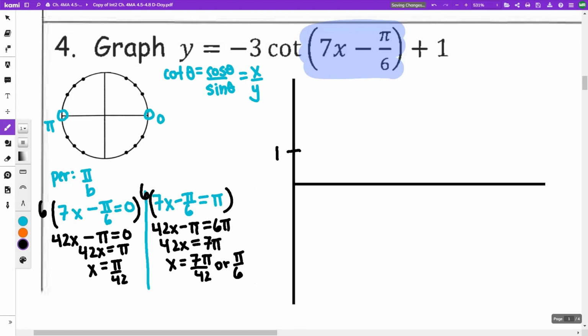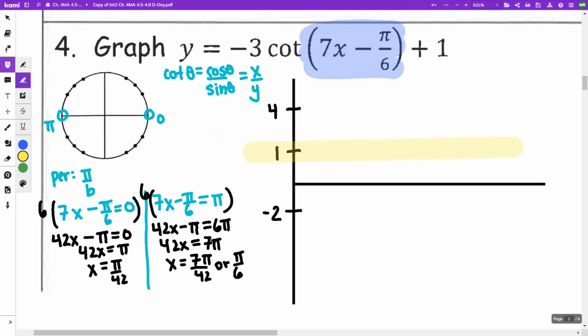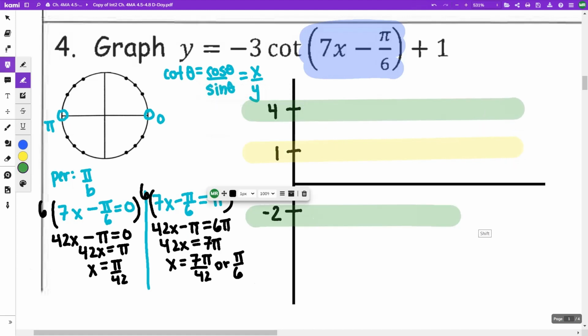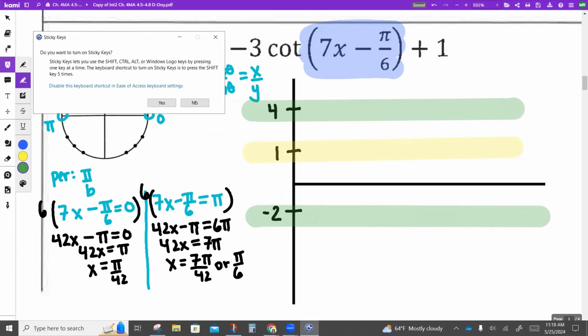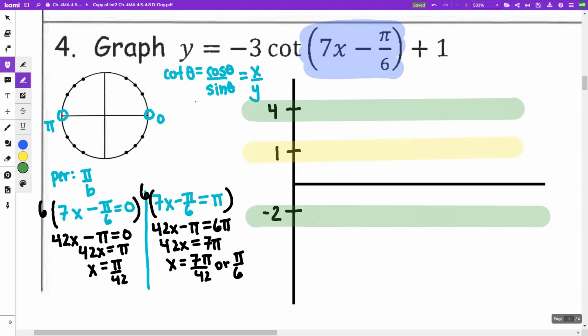Because of my amplitude 3, I'm going to be going 3 above that, which is 4. I'm going to be going 3 below that, which is going to put me at a -2. Okay, so those are really going to be my highs, my lows, or I should say my ones, my zeros, my -1s. So that's what it's really going to be.